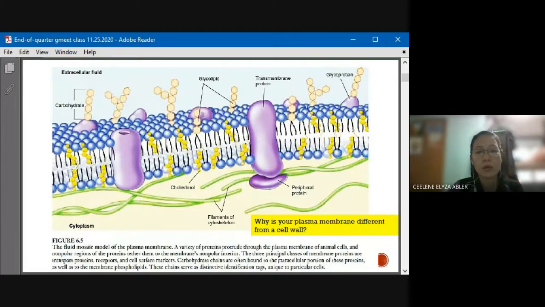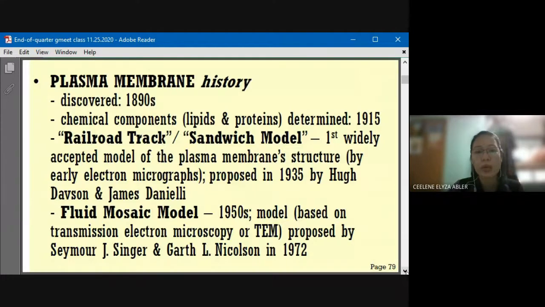Okay? So, let's go to ano yung history ng plasma membrane. Paano siya naisip na ganun ang mukha ng ating plasma membrane. So the plasma membrane is just medyo old na siya na discovery, pero in terms of scientific discovery about the cell, it's actually quite recent.